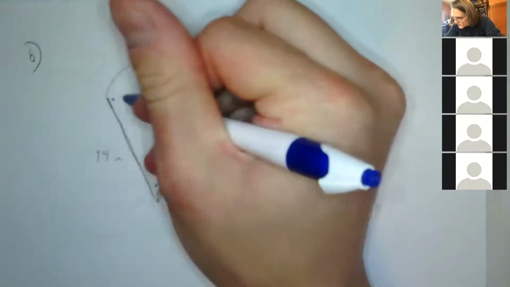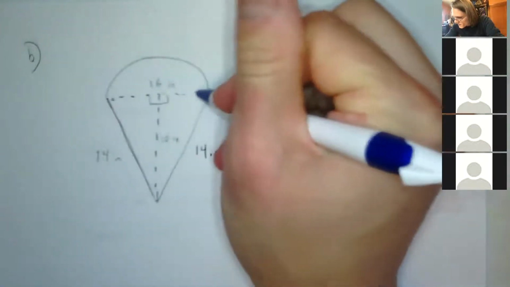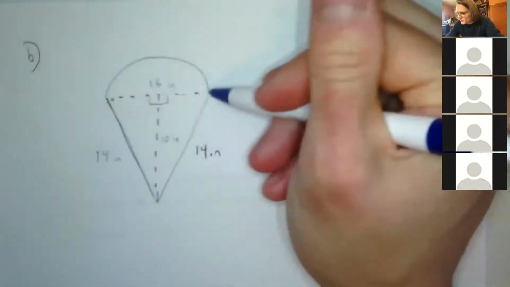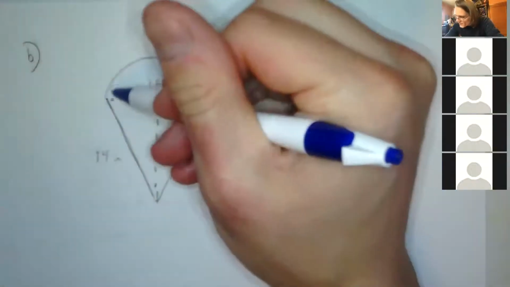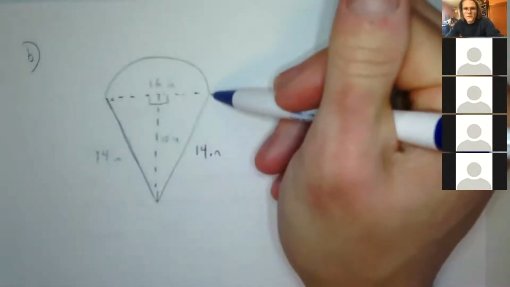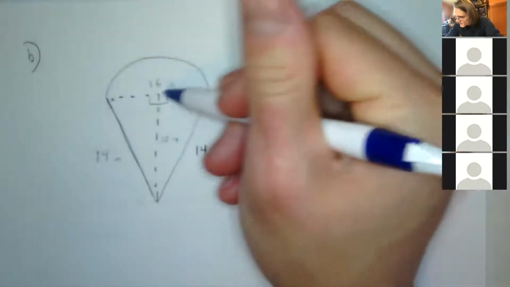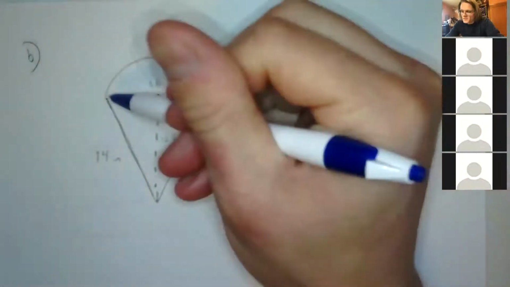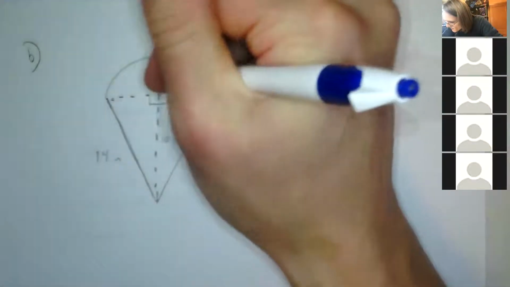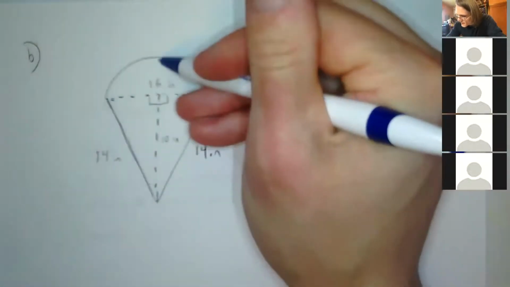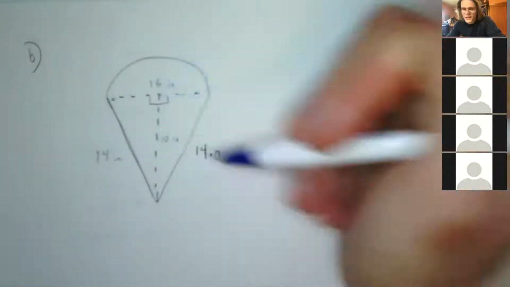And then across the top of the ice cream cone is 16 inches. So this length here is 16. Right? And this is a half circle right on top. So if this is 16, this length across, and again, we're assuming this is exactly a half circle, then necessarily, if I put the dotted line down the middle from here to here, it would be 8 inches.